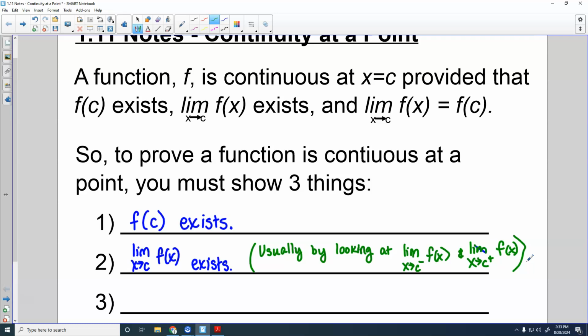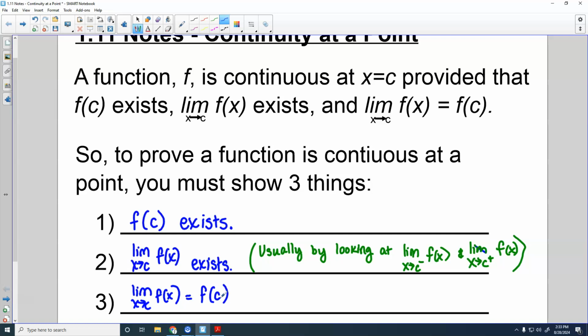And then the last thing you have to have happen is that the limit that you found in part 2, the limit as x approaches c of f of x, has to equal the f of c that you find in part 1.